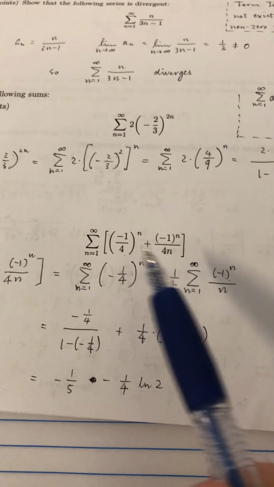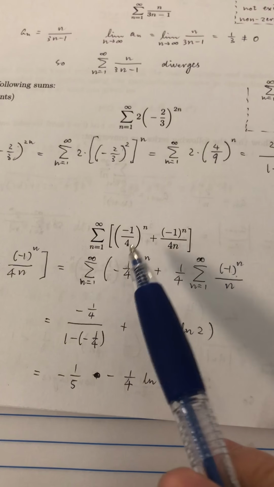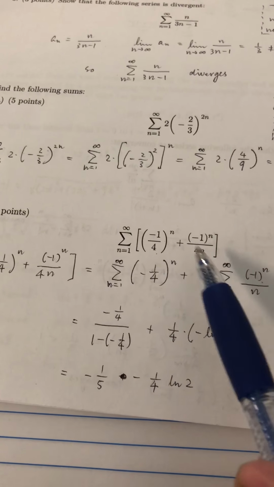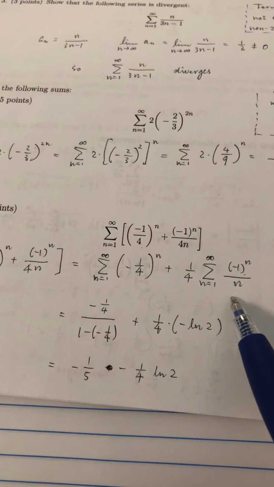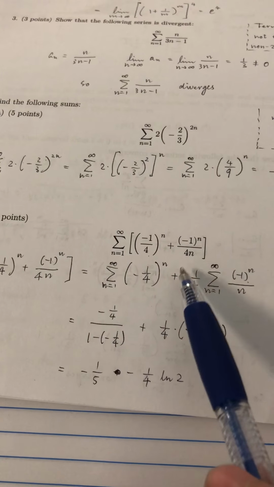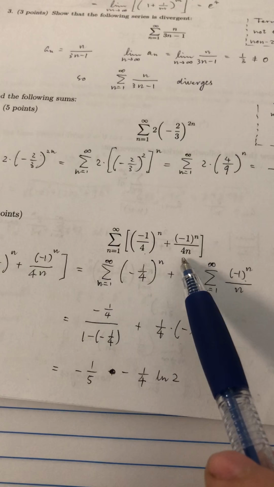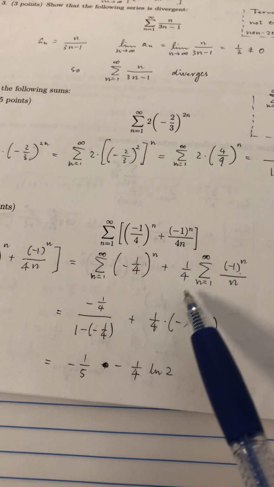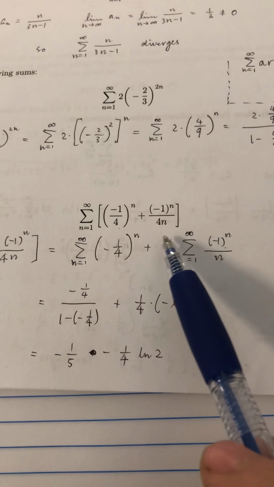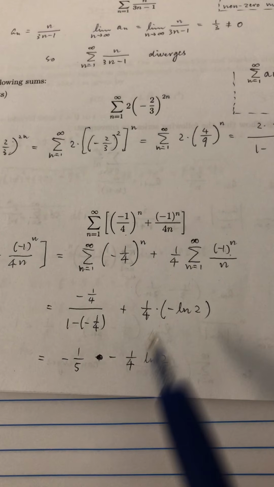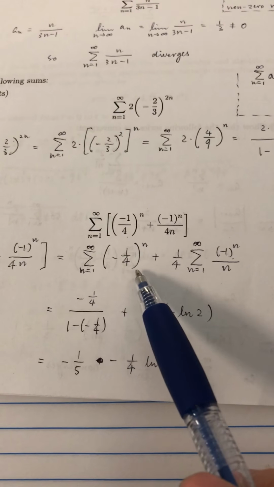Next question. For this one, you just need to separate these two terms and take the sum of these two series individually. Be careful here, in the denominator we have a 4, so I took out this 4 as a 1/4. Now for this first one, it is a geometric series.